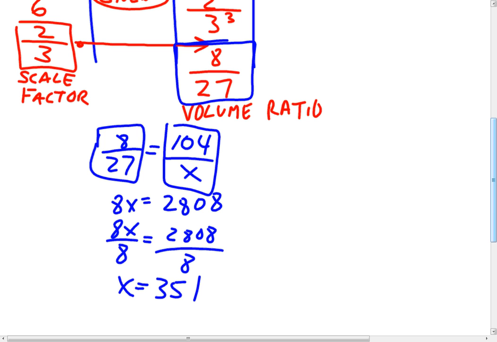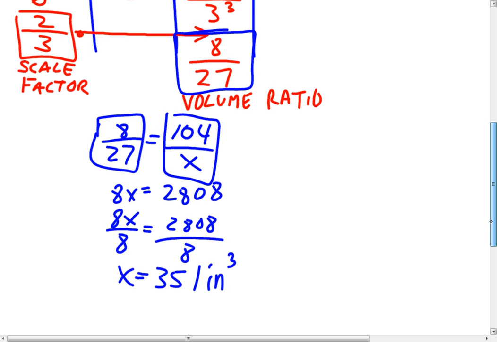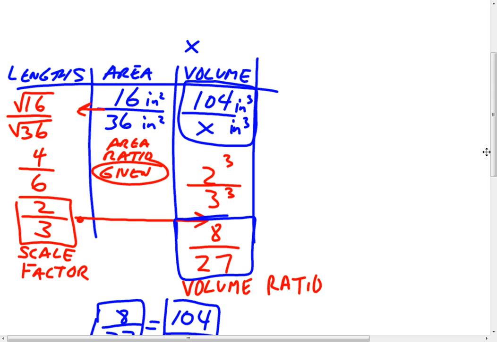What units? If we're looking for volume, it's 351 inches cubed. So x, if you go back to the top, would be 351 inches to the third.